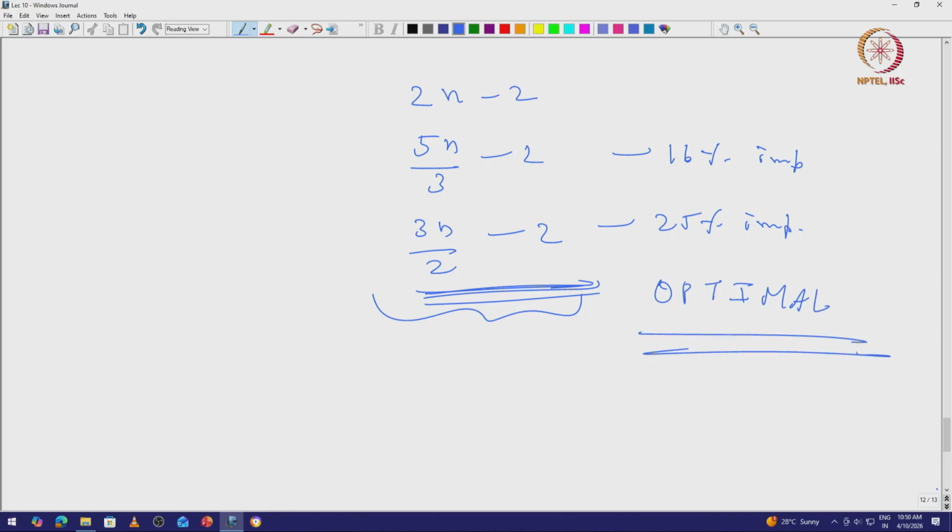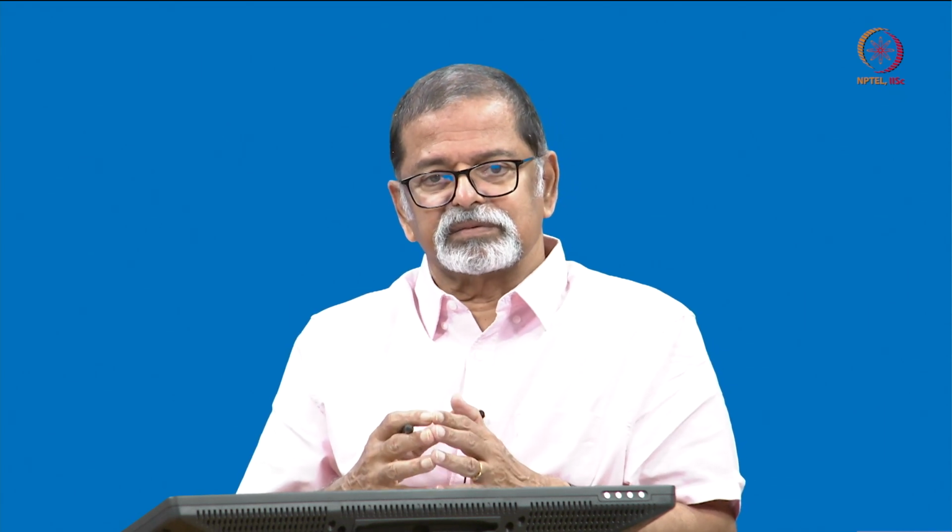There is no way you can design an algorithm with a better complexity than this for solving this problem. In other words, we have got the optimal algorithm. The proof for optimality is challenging. It is very interesting. We will see that at a later point. Right now we are looking into the algorithm design strategy. So, min-max problem cannot be solved in less than 3n by 2 minus 2 comparisons.